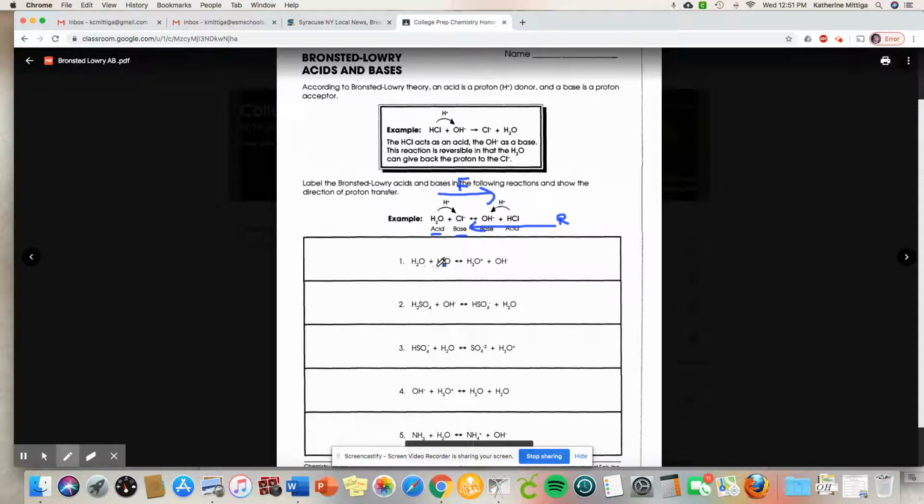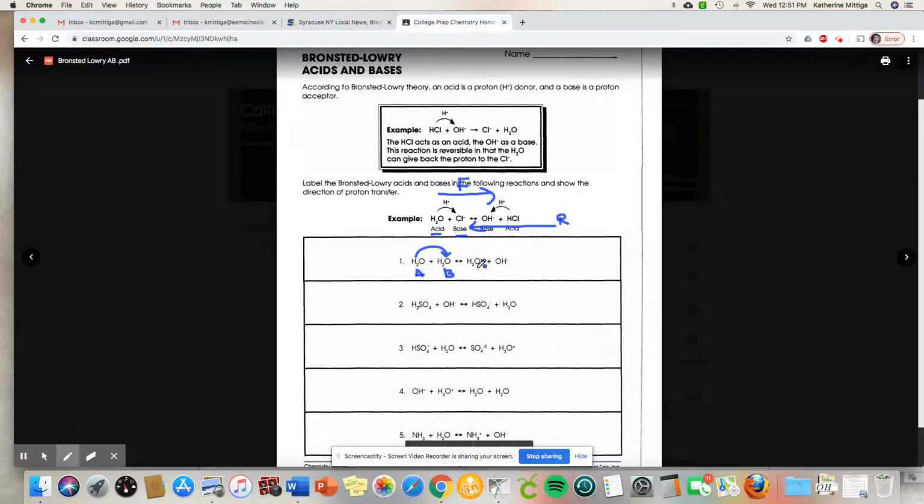Now, notice that both of these are water, so it really doesn't matter which one you choose to be acid or base because they're both water. So I'm going to just say this is going to go to here. So this is going to be our acid. This will be our base. Let's look in the reverse. H3O plus becomes H2O.